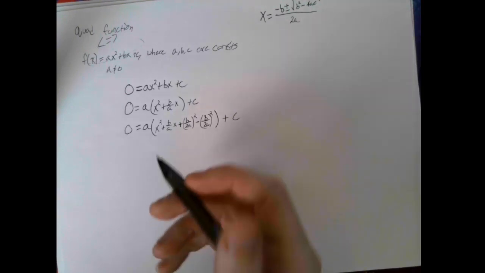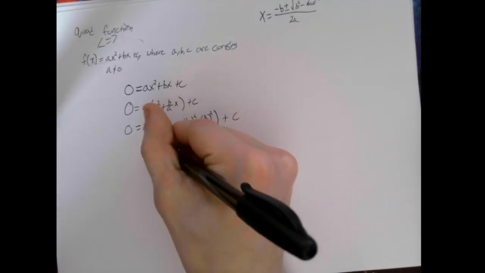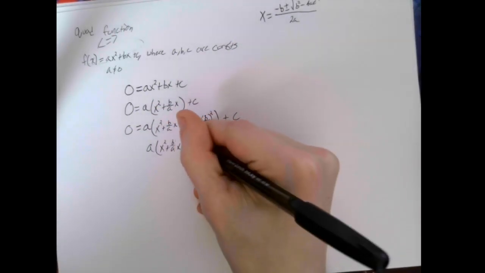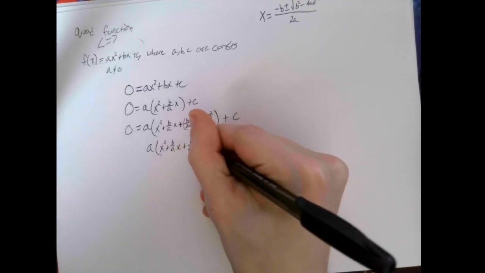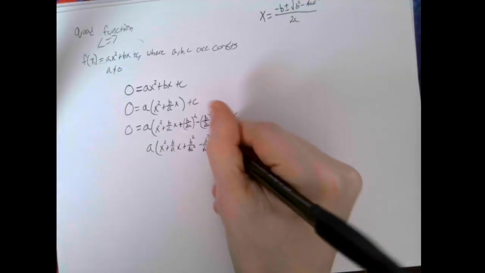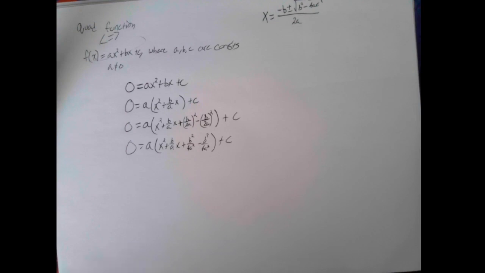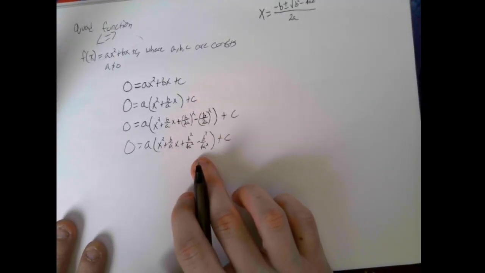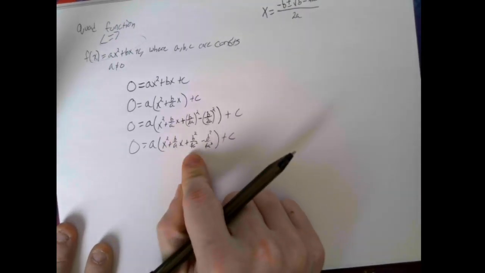So now what we're going to do is simplify those. b over a x plus b squared over 4a squared minus b squared over 4a squared plus c equals 0. So then from here, we don't really want this negative b squared over 4a squared term in here, because then that wouldn't be a, b, c, right?